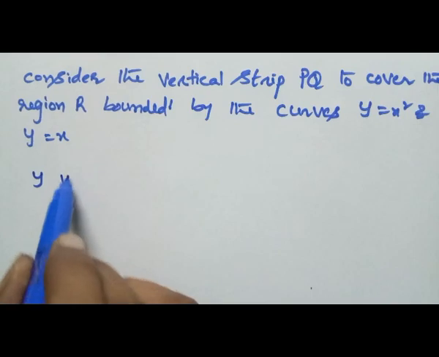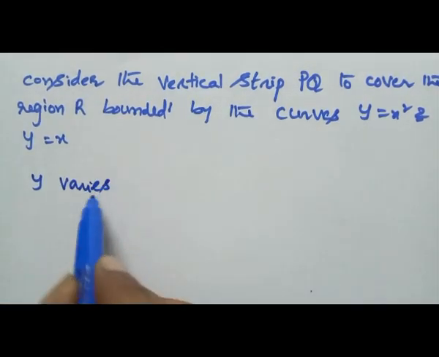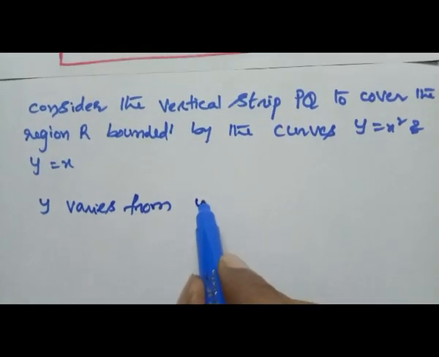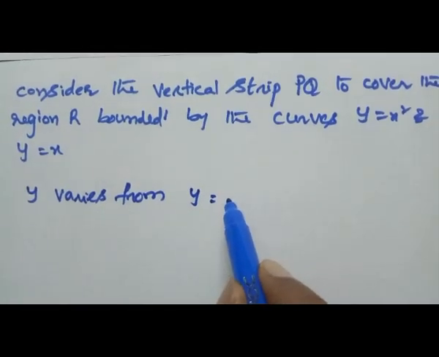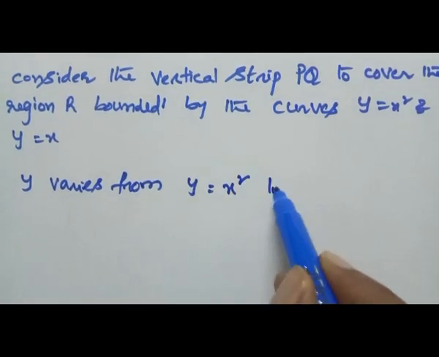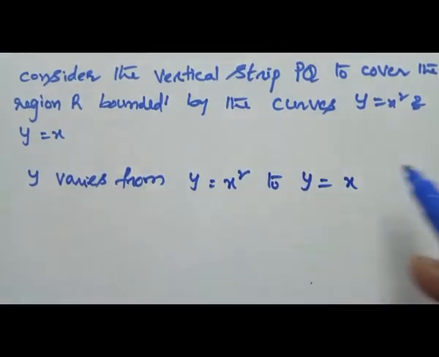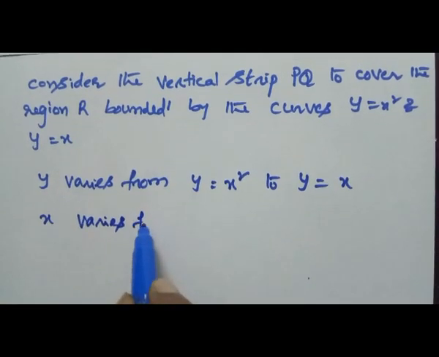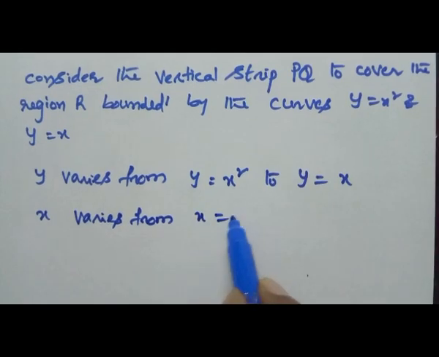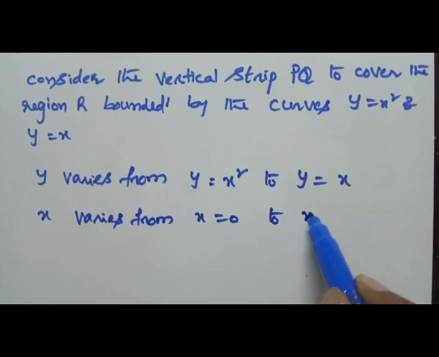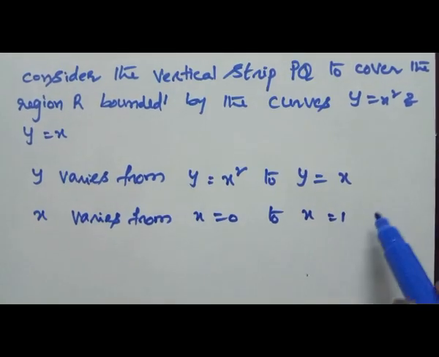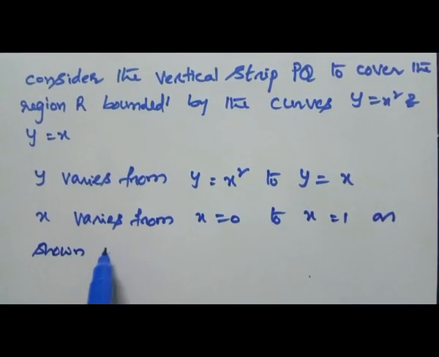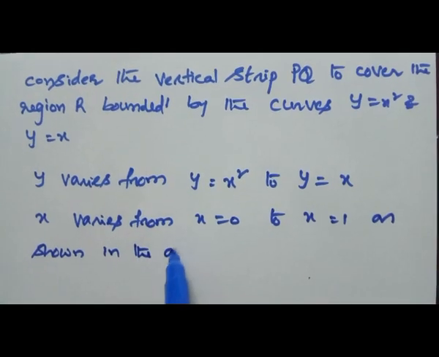Therefore, y varies from y equal to x square to y equal to x, and x varies from x equal to 0 to x equal to 1, as shown in the above figure.